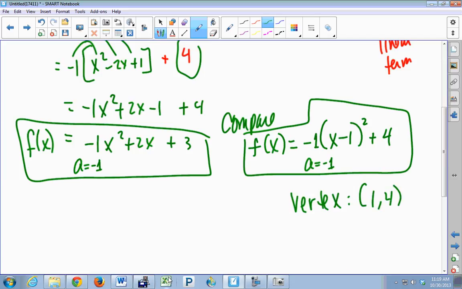Okay. Can you get any point off your graph right now from looking at this general form? Any point pop out at you? Yes, absolutely. Shane, you are just becoming a math geek this semester, huh? There you are.